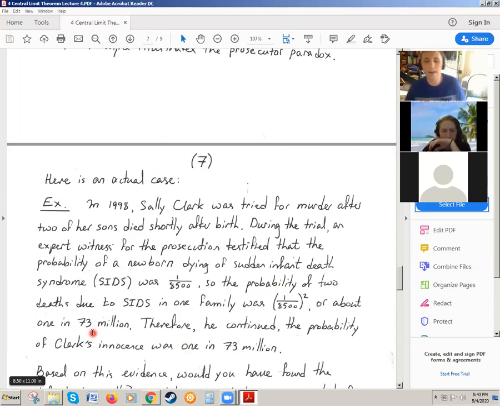The conclusion the witness proposed is that given that Clark is innocent, the probability that two infants would die is 1 out of 73 million, and that was evidence enough to convict her and sentence her to jail for murder.